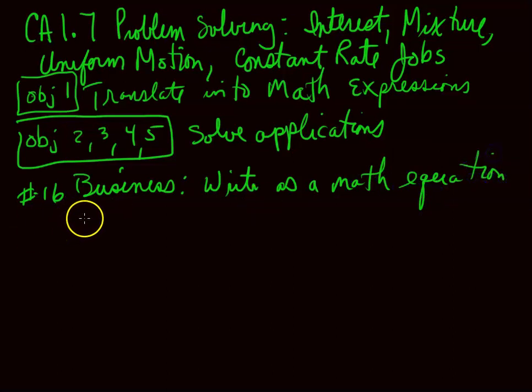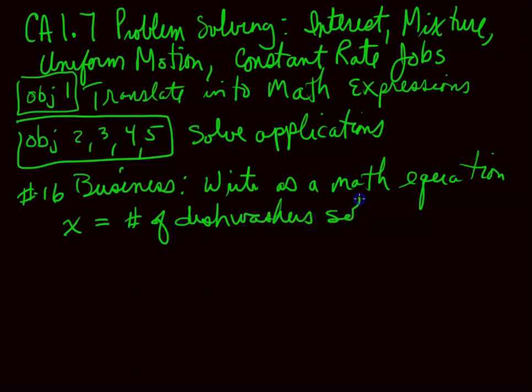And when you do that, you usually have to choose what your variable is and what it stands for. So I'm going to let X be the number of dishwashers sold. And we're supposed to take this statement and turn it into a mathematical equation.